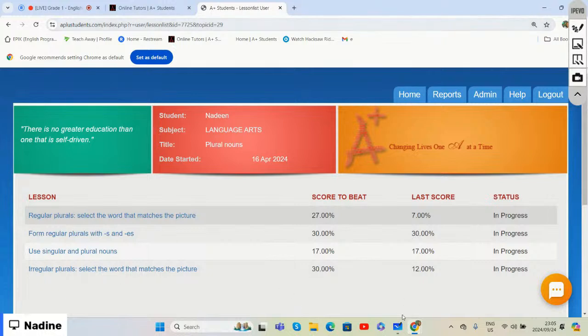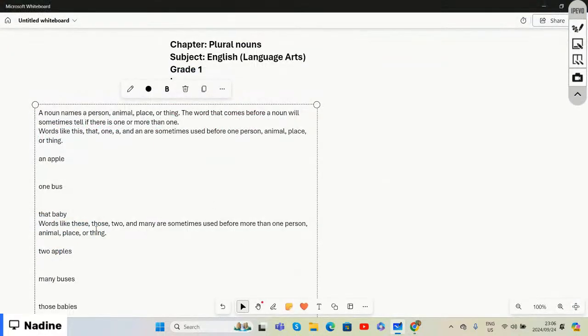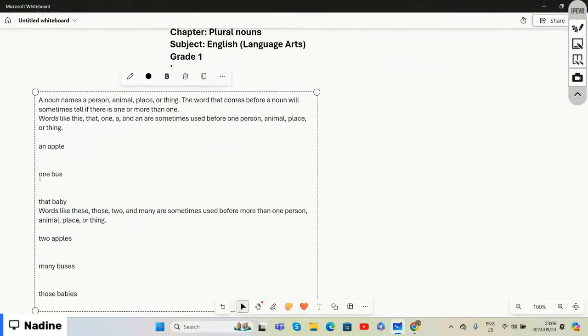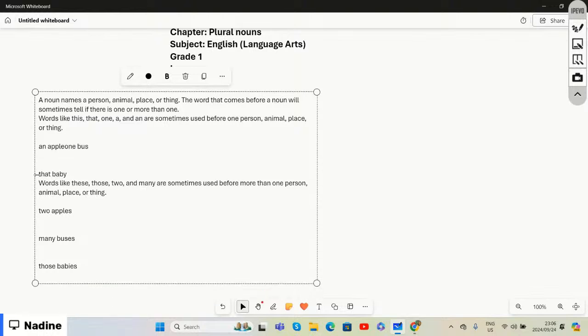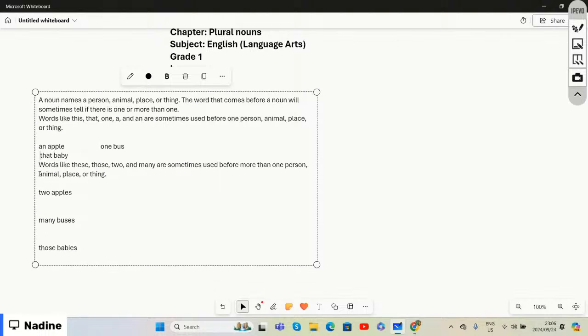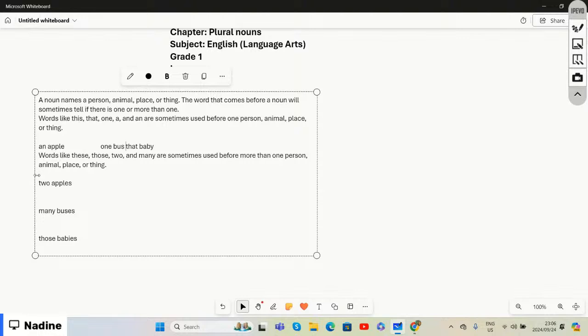All right. So our chapter is plural nouns. Our subject is English language arts. We're doing grade 1.